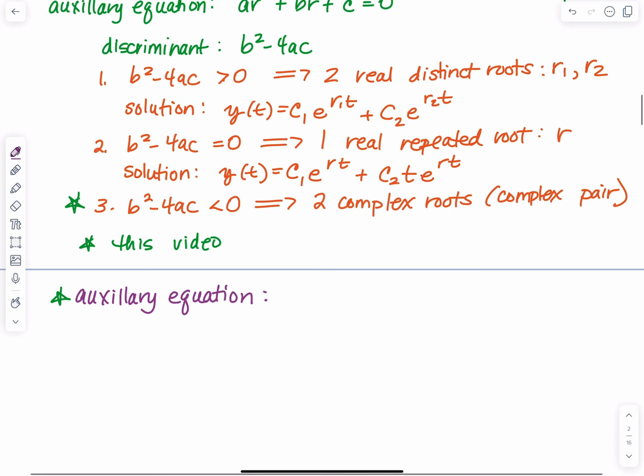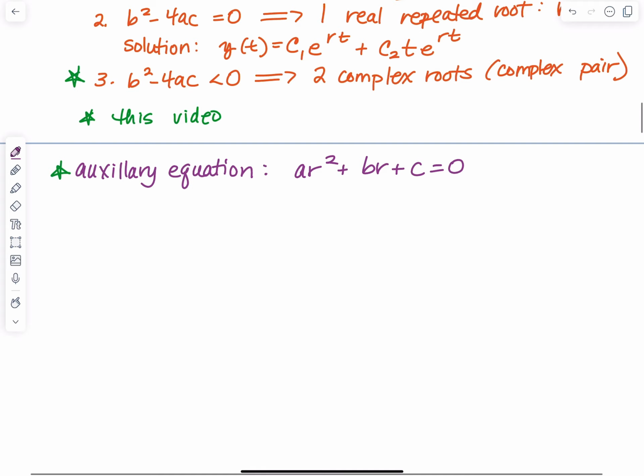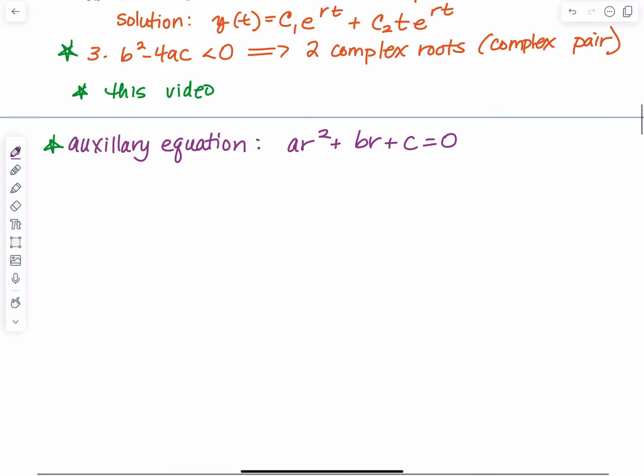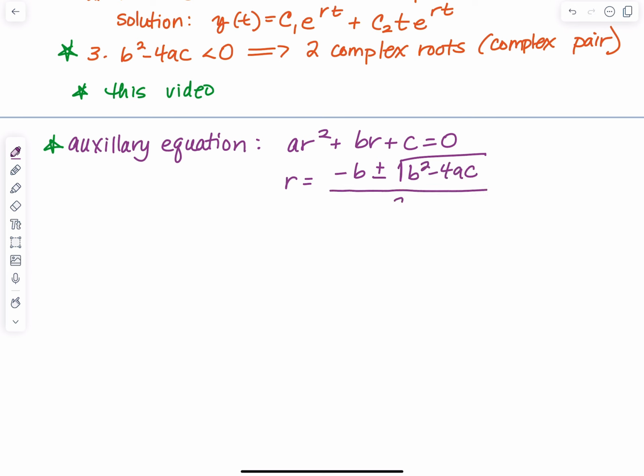and we have it right up there, ar squared plus br plus c equal to 0. We just have a quadratic. We say that r is equal to the opposite of b plus or minus the square root of b squared minus 4ac all over 2a.